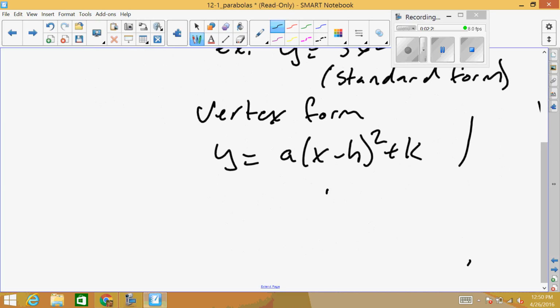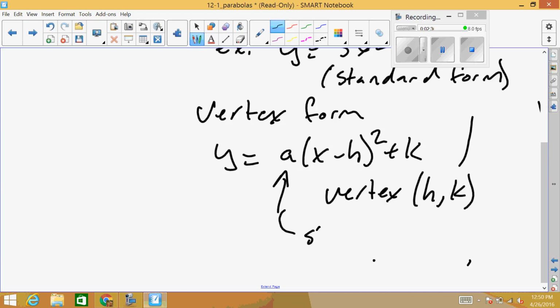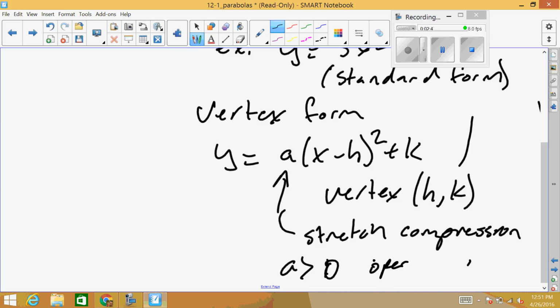Remember, our vertex was (h, k). a was either a stretch or a compression. And if a was positive, the parabola opened up. But if a was negative, it was going to open down. So that's just a quick recap of some of the things that we already knew about parabolas and just maybe needed to refresh our memory on.